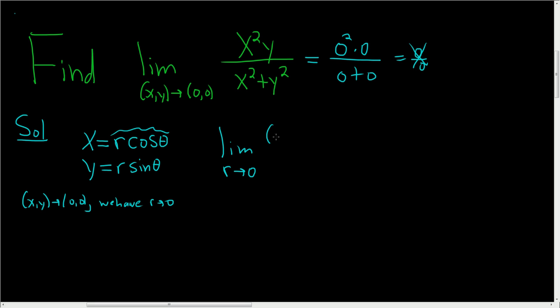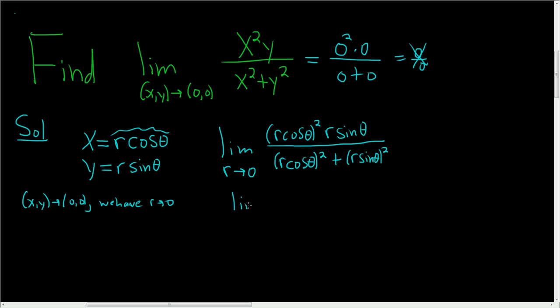So this will be (r cosine theta) squared, and then here we have r sine theta. Then in the denominator, x is r cosine theta, so this is (r cosine theta) squared, and then here we have (r sine theta) squared.